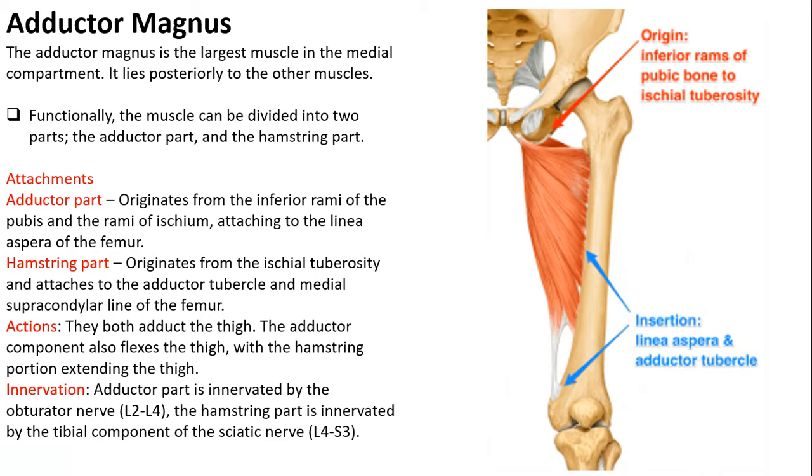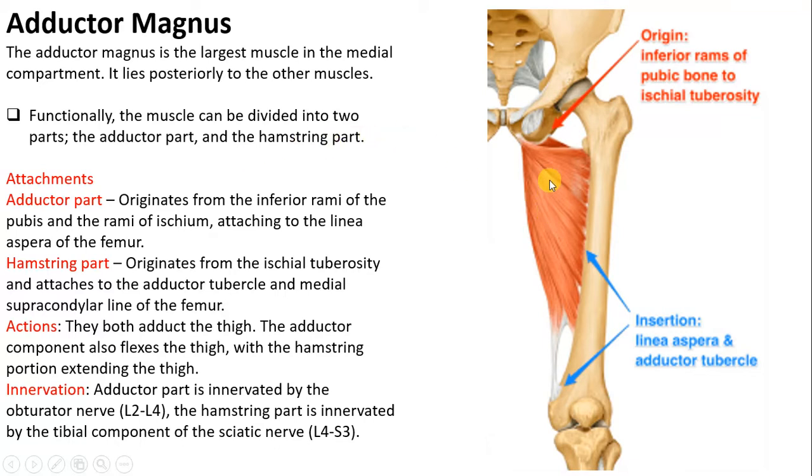It will adduct the thigh and it will also cause flexion of the knee. It has two parts. The muscles of the posterior compartment are called the hamstring muscles. We will see what the hamstring muscles are when we study the posterior compartment. So one of the parts of the hamstring from Adductor Magnus is here.